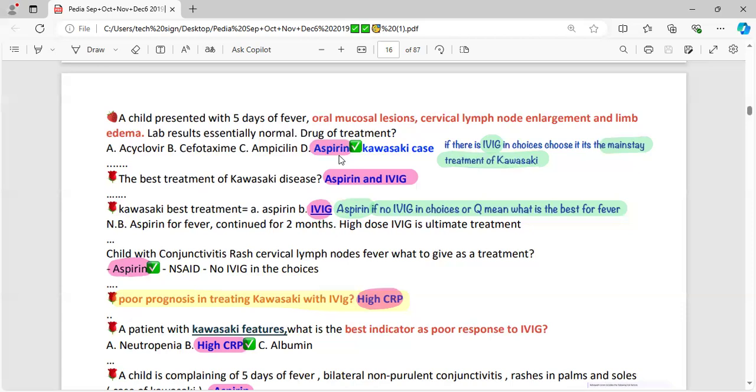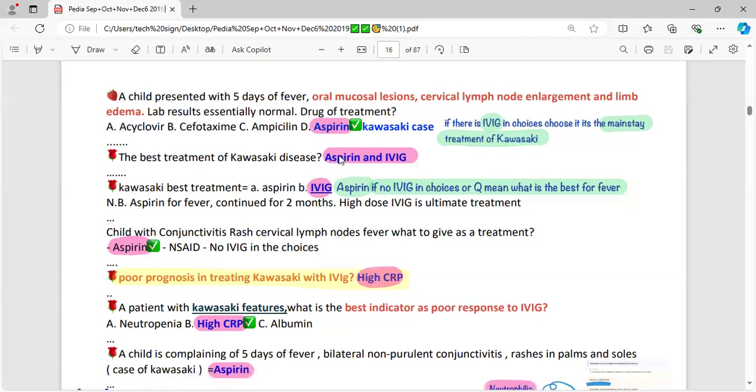It would give two benefits: on the one hand anti-inflammatory, on the other hand it prevents the complication. What is the best treatment of Kawasaki? IV immunoglobulin and aspirin. And if it is not in the option, go with aspirin for sure.